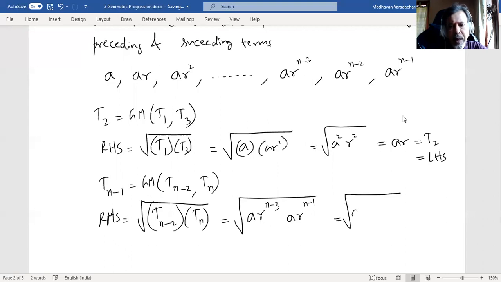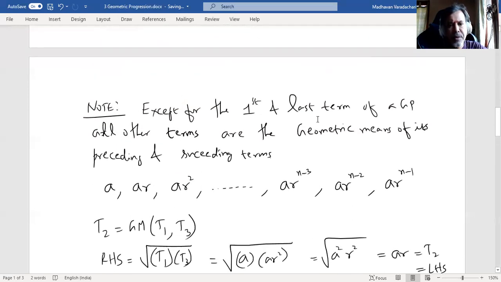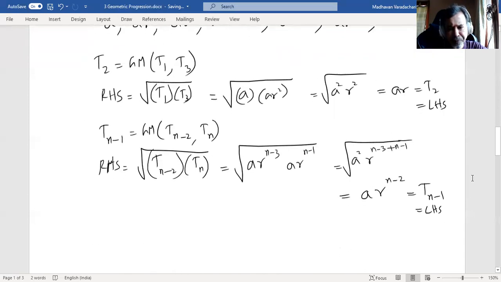That will give you A square R to the power of n minus 3 plus n minus 1. If I evaluate that, I will get A, and this is 2n. If I take the square root, it will become n, and then minus 4, if I take the square root in the power, it will become 2. So that is nothing but our n minus 1th term, which is our LHS. That is the reason we say, except for the first and last term of a geometric progression, all other terms are the geometric means of their preceding and succeeding terms.